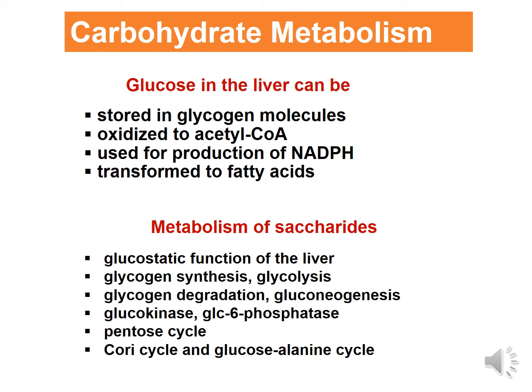So the main functions of the liver in carbohydrate metabolism are the glucostatic function, synthesis of glycogen, glycolysis, degradation of glycogen, gluconeogenesis, the pentose cycle, the Cori cycle, and the glucose-alanine cycle.